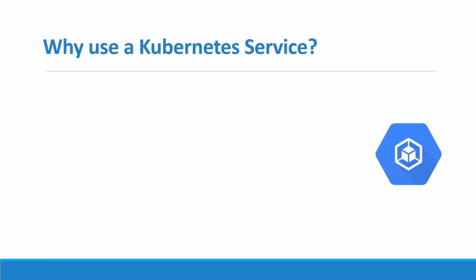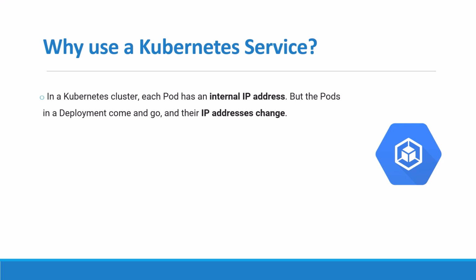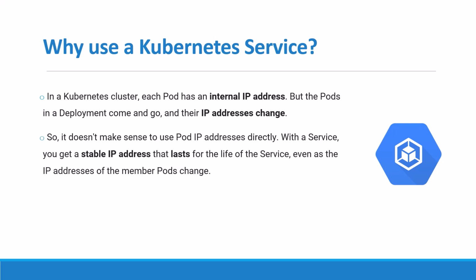Now let's talk about why we actually use a Kubernetes service. First and foremost, in a Kubernetes cluster, each pod has an internal IP address, but the pods in the deployment come and go, and their IP addresses change. So it doesn't make sense to use pod IP addresses directly.